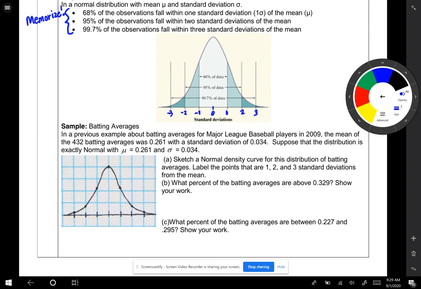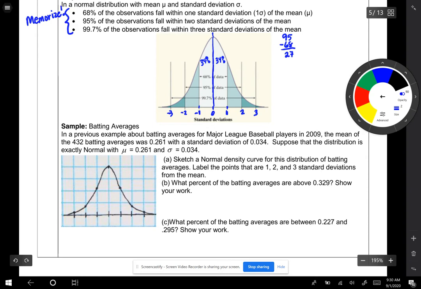So 68% of the data, so here's the mean, if I was to draw this. 68% of the data would fall within 1 standard deviation, so within these 2 bars. Splitting that up, that would be 34% here and 34% there, and that's where you get 68%. For 95%, you just do 95 minus 68, so that's 27.